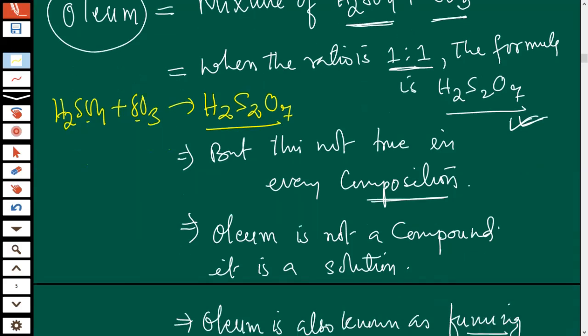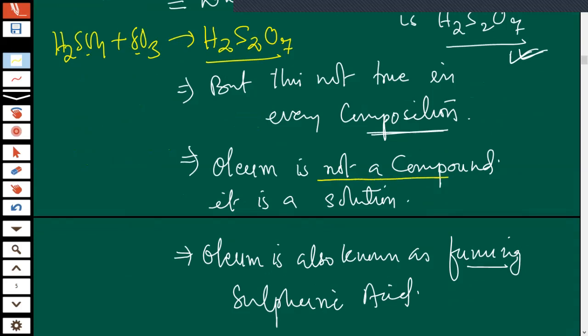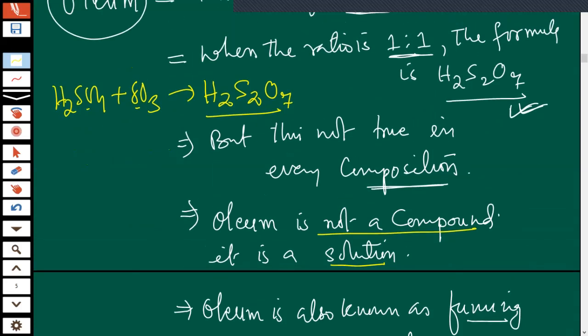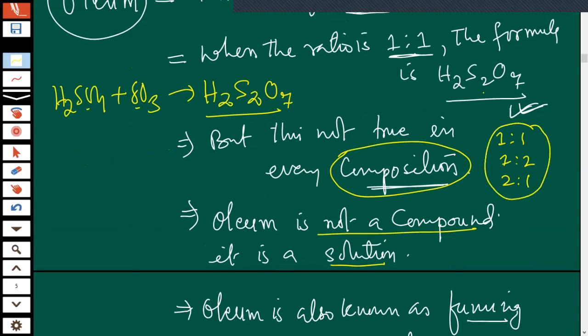And if it is a solution, it may have various compositions: 1:1, 1:2, 2:1, and then this formula is not valid. Right, children? So please make a note that oleum is not a compound. It is a solution.